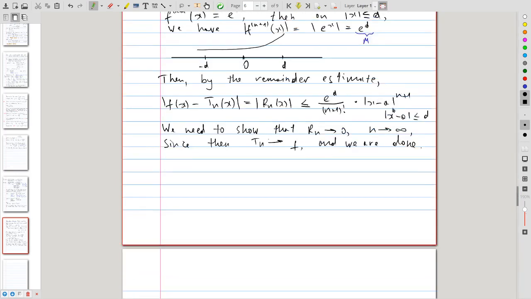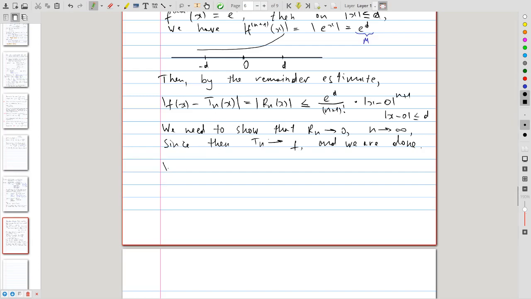Since we are only talking about x minus a, well, in this case it's 0 in fact, about x minus 0 being at most d, we can estimate this factor over here.